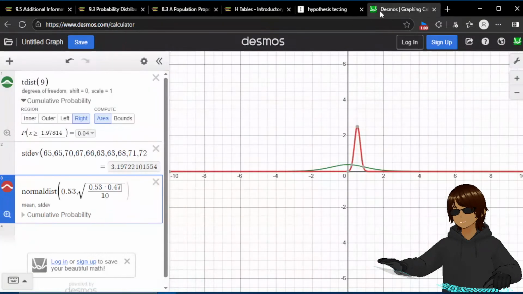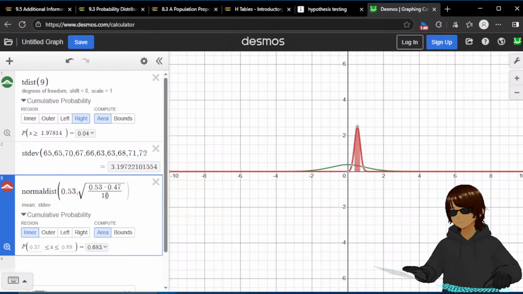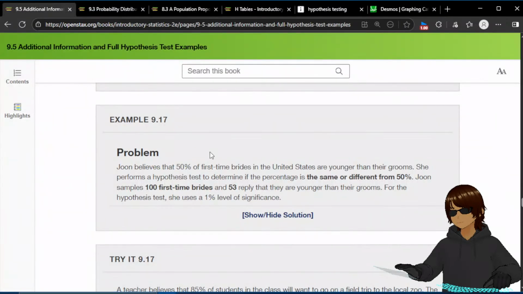Wait, what are we supposed to find out? I'm not really sure. 53, right? 53 replied that they're younger than their grooms.